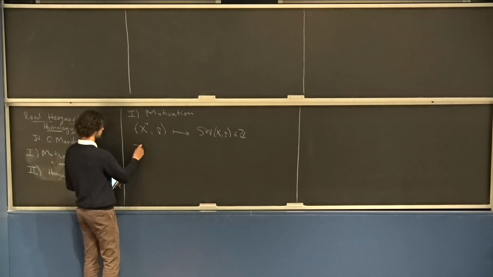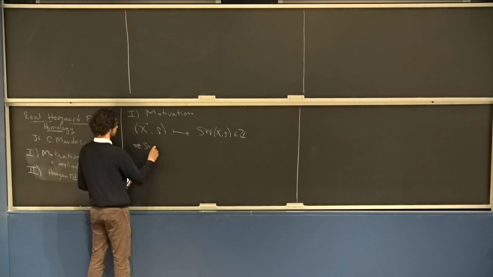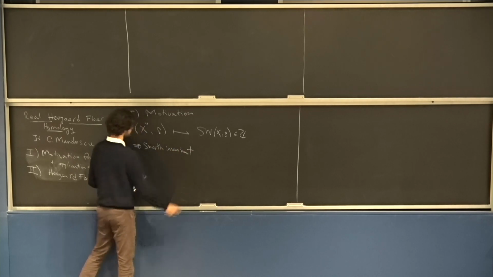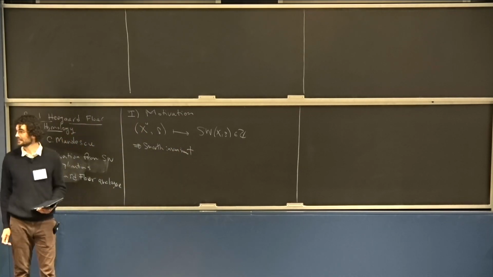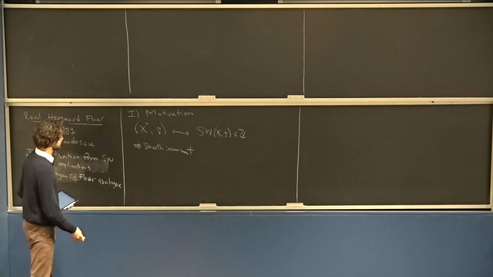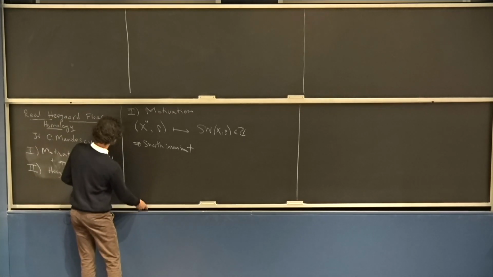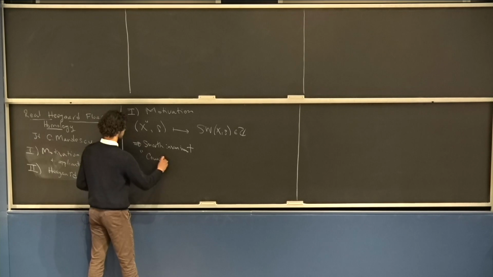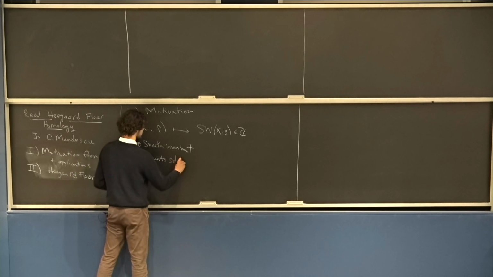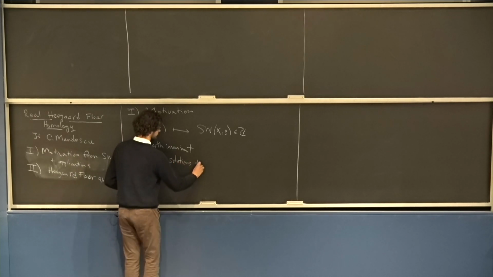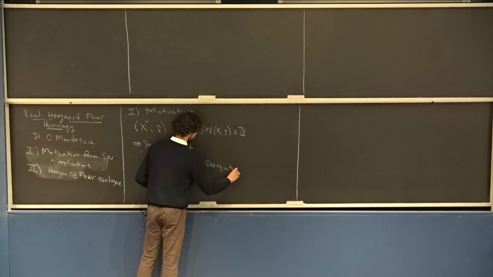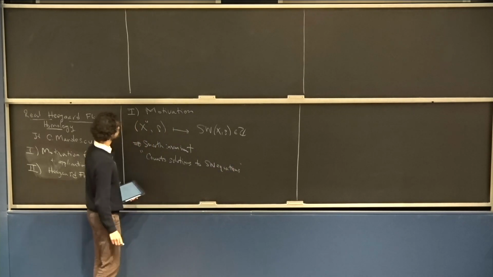And this is a smooth invariant. It's really good at detecting exotic behavior, extremely powerful and interesting, and roughly it counts solutions to the Seiberg-Witten equations.